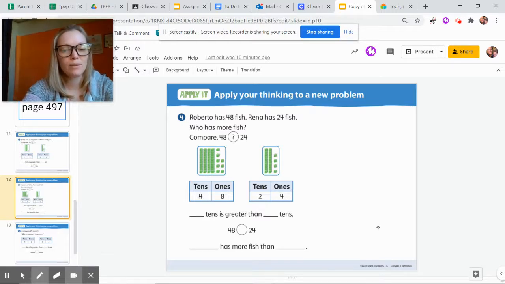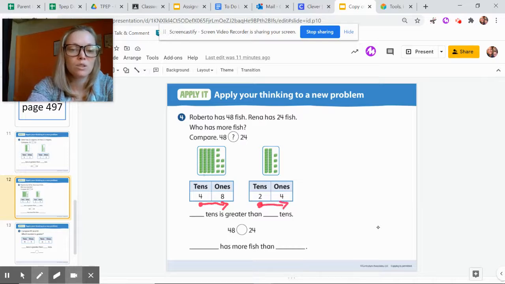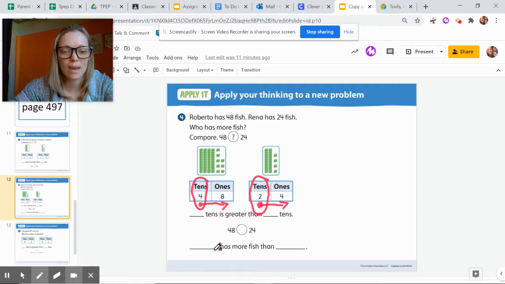And remember, you're going to start on the left, just like when we read. Check this number first, then move this way if you need to. Start on the left, then move this way. So let's take a look at our tens first. I want you to fill in these lines down here below if you can, and press pause and then come back and check your work with me.